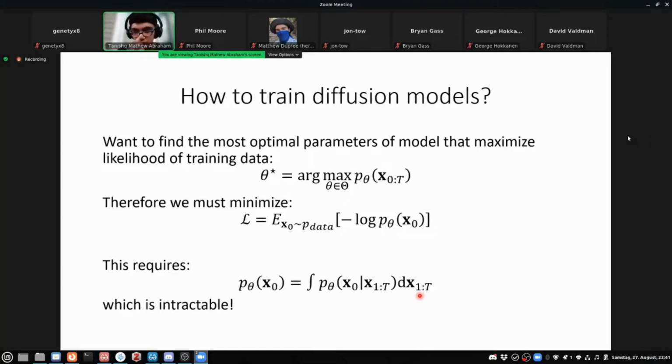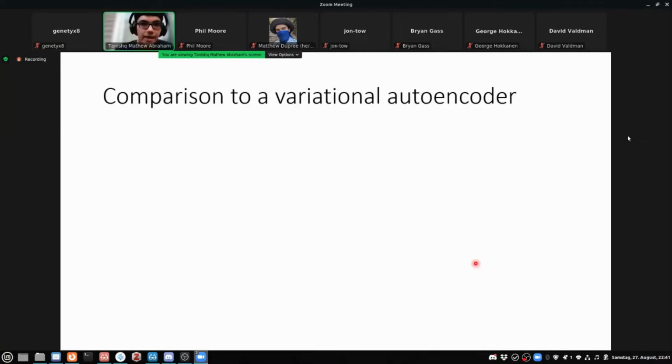This is basically how we have these latent variable models set up, and it's true, for example, for variational autoencoders, which I'll discuss a little later as well. So this is a similar setup in that respect. In fact, I'm doing that comparison right now.